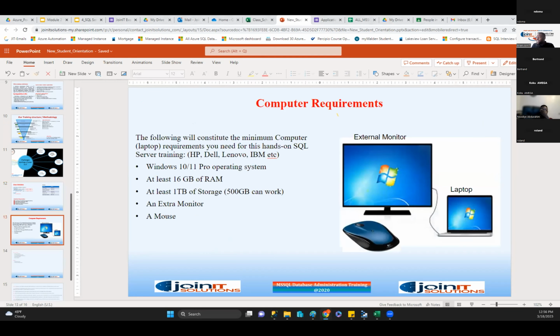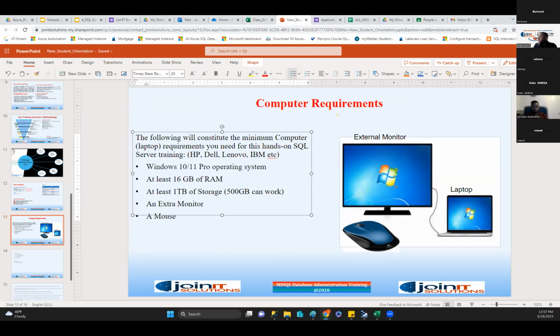Okay. So the next thing that you need now, computer requirements. It is very important that you have these specifications. We need a Windows 10 or Windows 11 computer. A MacBook will not work. That computer needs to have at least 16 GB of RAM, and good storage. I think 500 GB is okay.